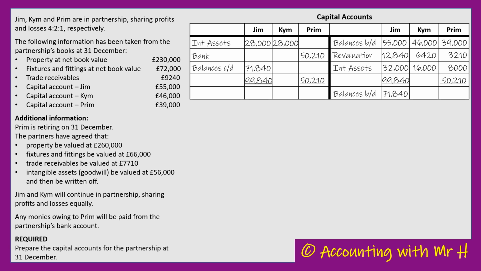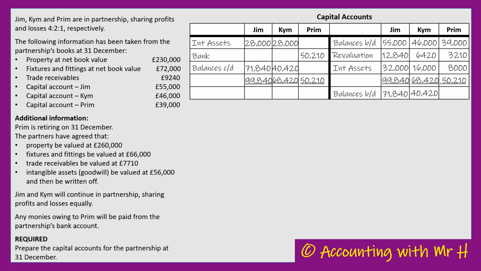And then finally do the same for Kim. So Kim's got more on the credit side, 46 plus 6,420 plus 16,000. Total up, take away the 28 on the debit of Kim's capital account, leaves her with a new balance of £40,420. Do the total to double check, bring down Kim's balance, and again, she's ready to go moving forward.